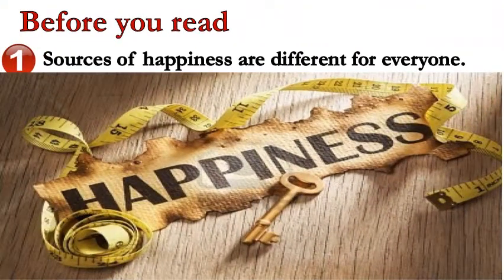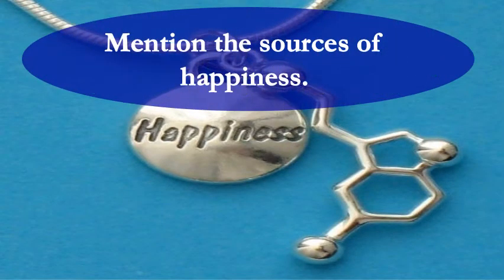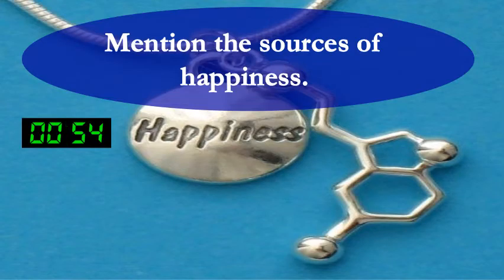You read. Let's ask, what do you know about happiness? If you know happiness, there are some sources of happiness. Sources of happiness are different from one person to another. Now let's know the sources of happiness and mention some of them.